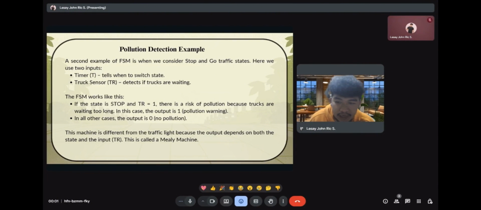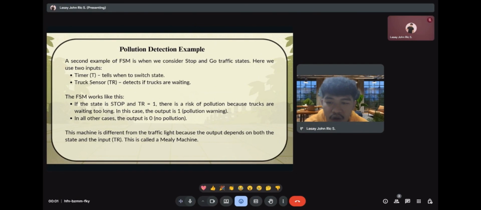So the finite state machine works like this. If the state is stop and TR is equal to 1, there is a risk of pollution because trucks are waiting too long. In this case, the output is 1, pollution warning.